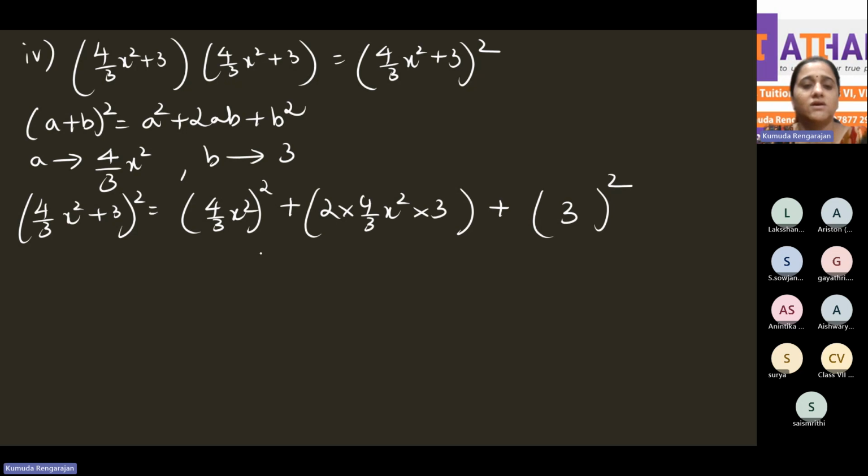Very good. Okay. Now can we simplify the middle bracket? We can cut the 3 and 3. Very good. Then 4/3 x raised to the power 4 plus... No, darling. No. 4/3 x² into 4/3 x². What is (4/3 x²)? The whole square. It is 4/3 x² into 4/3 x².